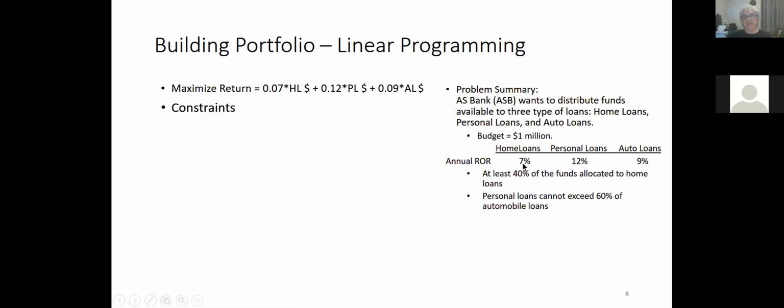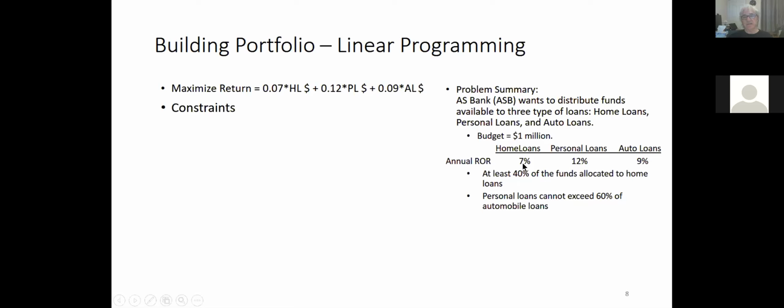Here are the constraints. You can only use your $1 million. So you add all the investments equal $1 million. Now, home loans, and I'm just following the restrictions from here, have to be at least 400,000, that is 40% of the million.